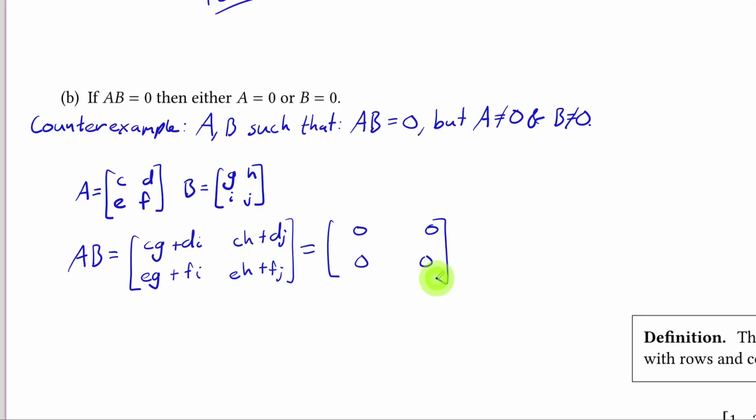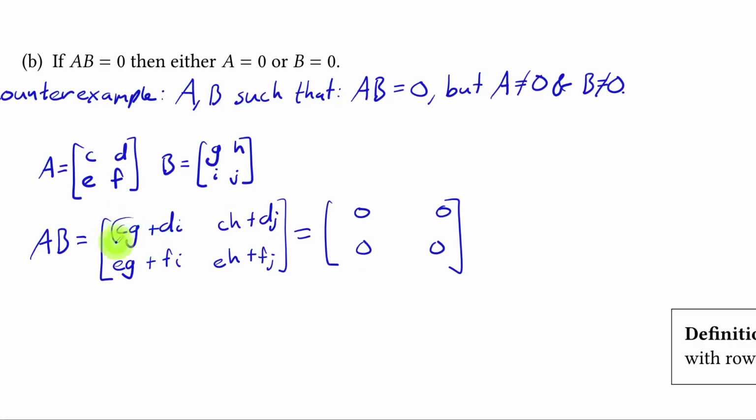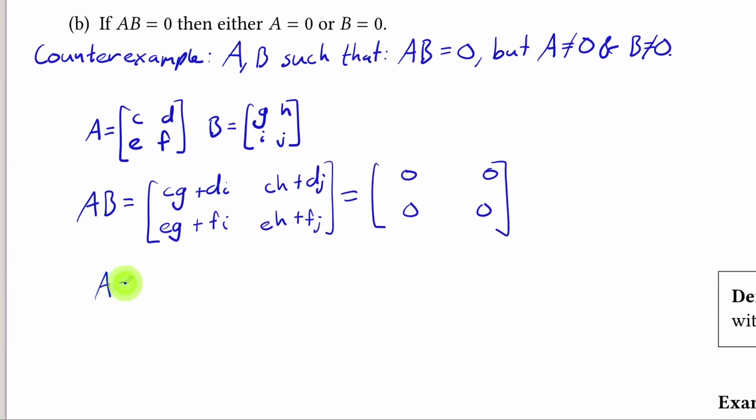Now, the way I can think of to do this is just make it so CG is the opposite of DI. Maybe C and D can be 1 and -1, and G and I can be equal but positive, like let's say 2 and 2.